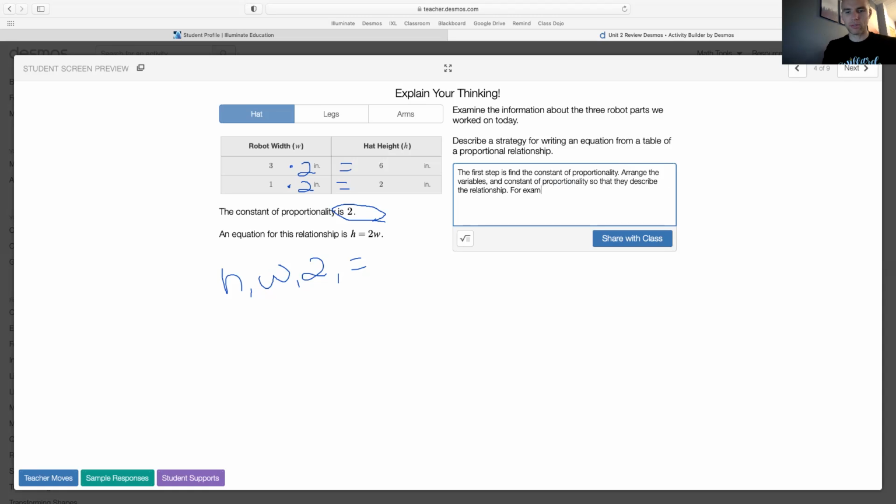For example, in this relationship, the width times 2 equals the height, and that's 2 times the width equals h. I wrote it differently than they have it over here. They have it as h equals 2 times the width. I wrote it as 2 times the width equals the height. That doesn't matter if you like to flip it around.